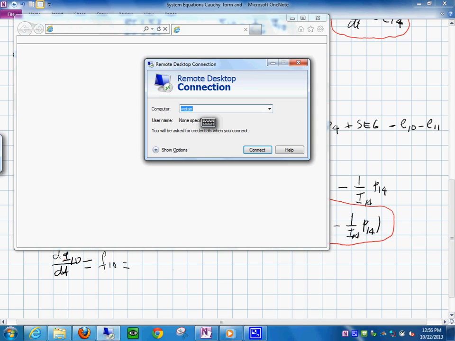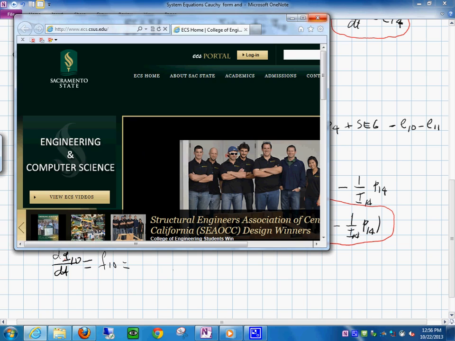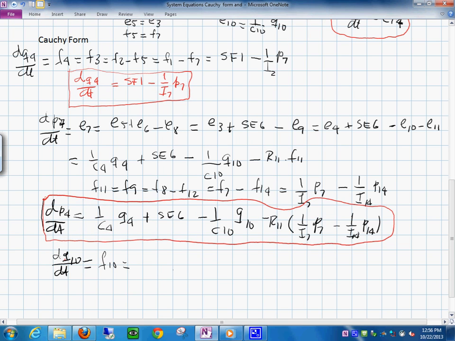dP14 dt is equal to 1 over C sub 10 Q sub 10 plus R11 multiplied by this, see?